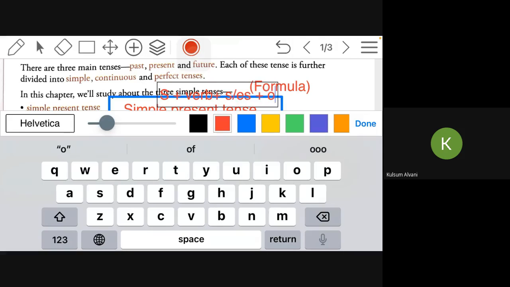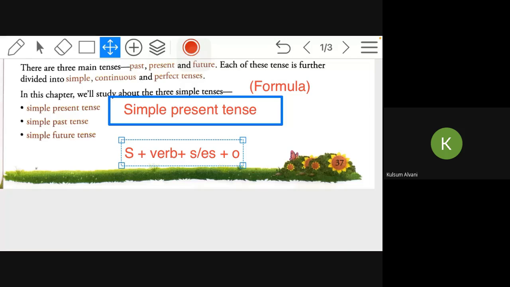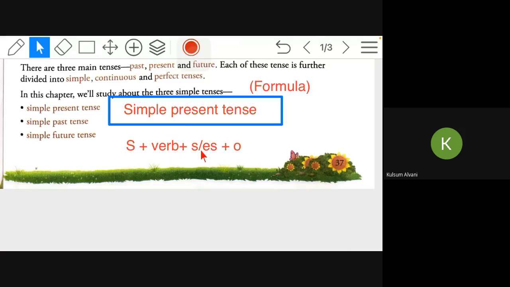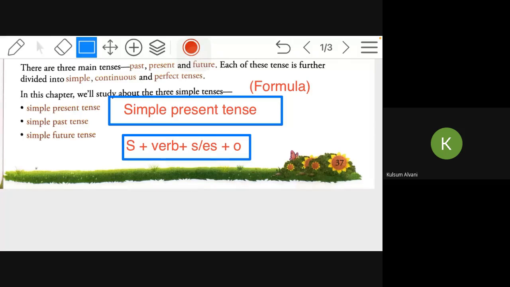This much we will keep. As you said, this is the formula: subject plus verb plus s or es plus object. Now, if we see from one side, this is a very simple formula.